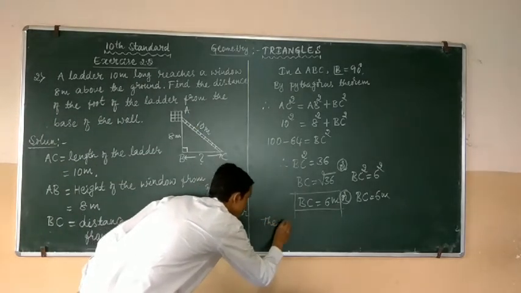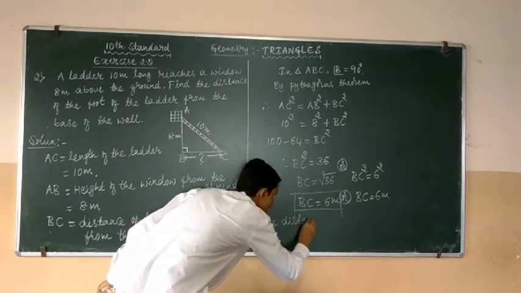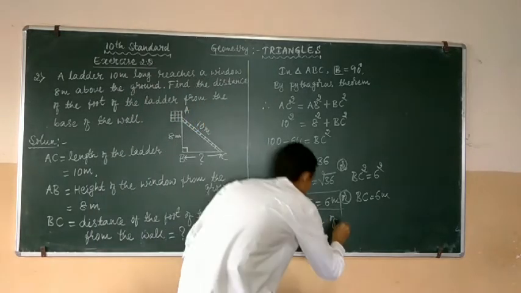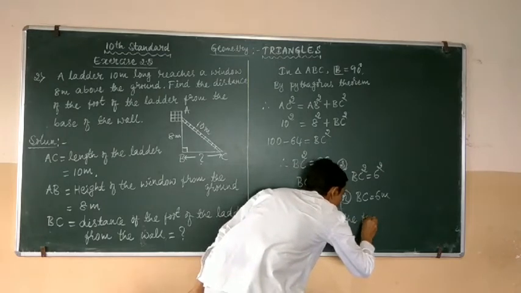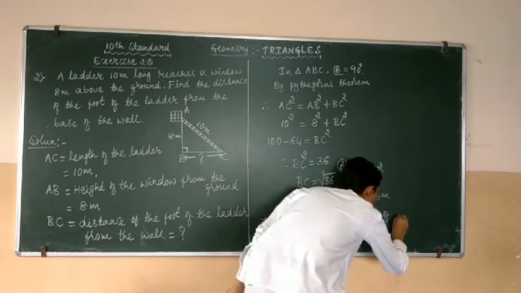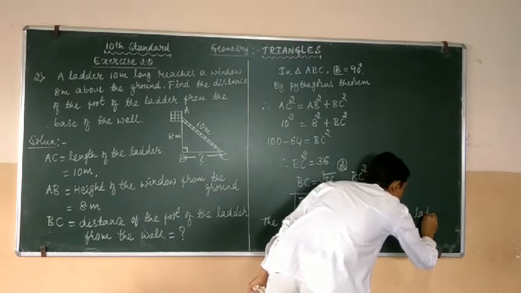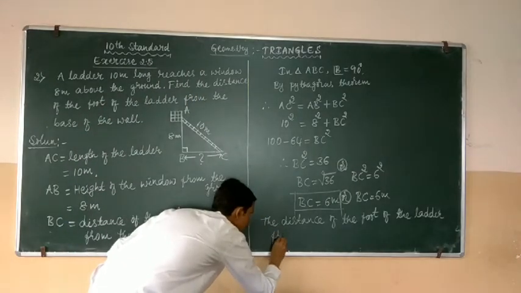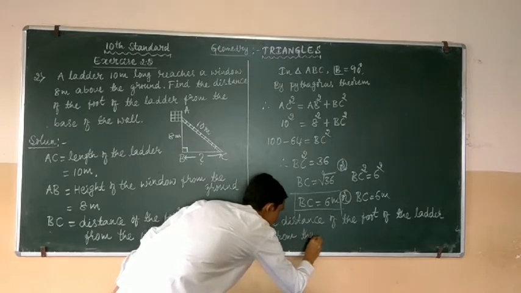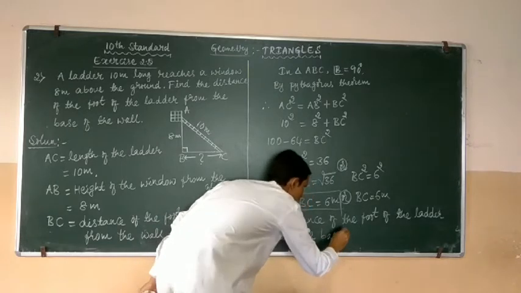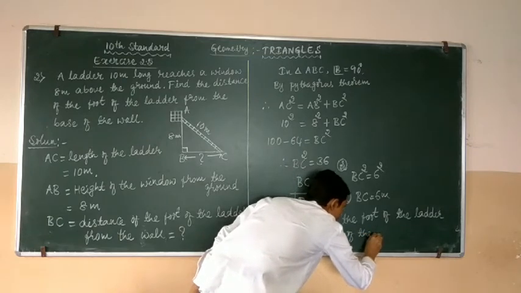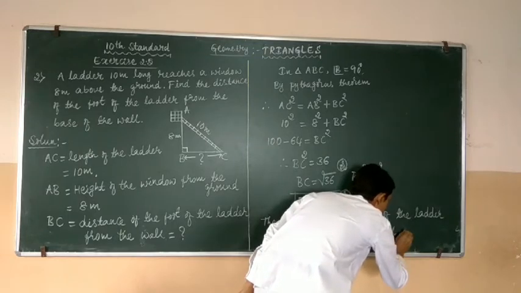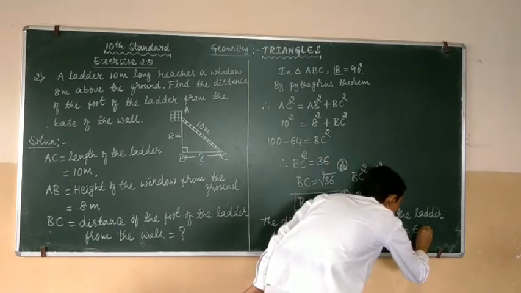The distance of the foot of the ladder from the base of the wall is equal to 6 meter.